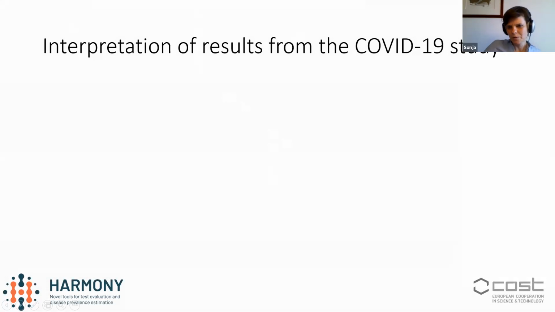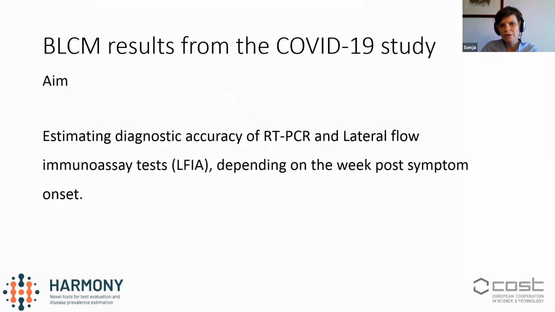Yeah, thank you, Polychronis. It's my pleasure to switch now and show you the interpretation of the results from our study. As Polychronis and Paolo already indicated, our aim was to estimate the diagnostic accuracy of the RT-PCR and an immunoassay, the lateral flow immunoassay test, depending on the week post-symptom onset.